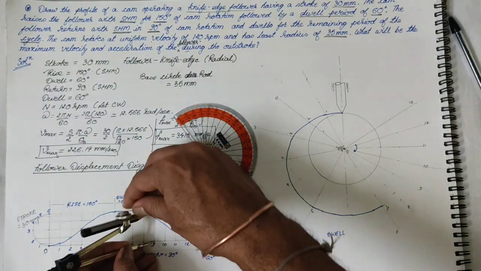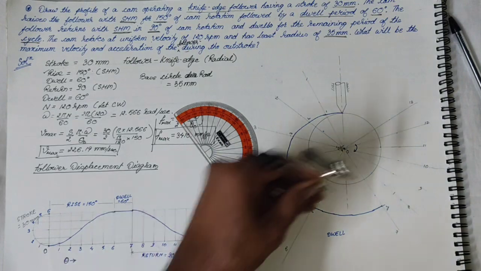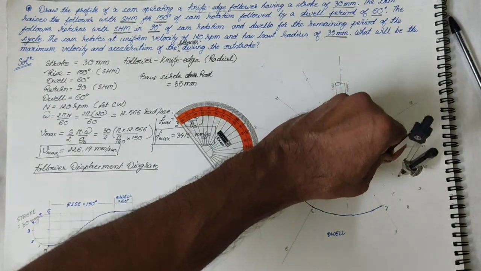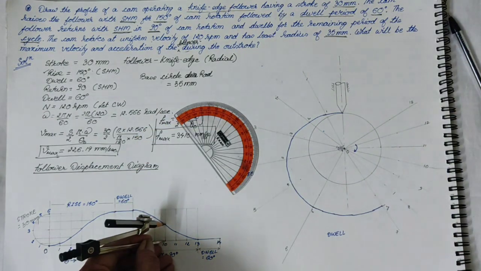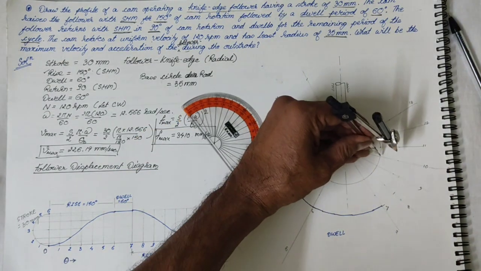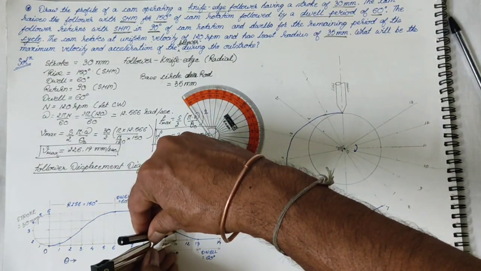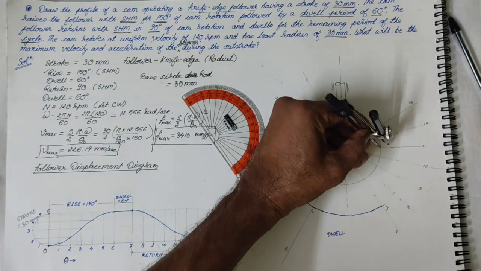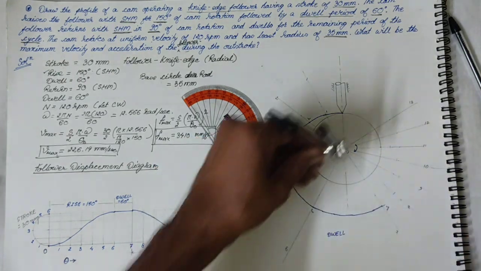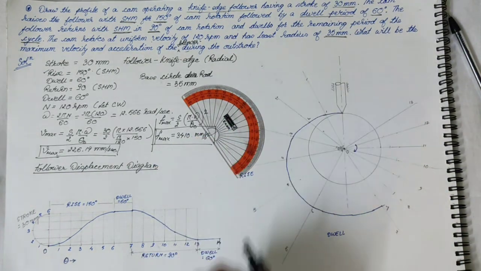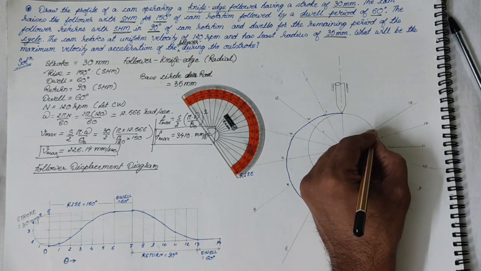Then we take 9, then 10, 11, then 12, and finally 13.